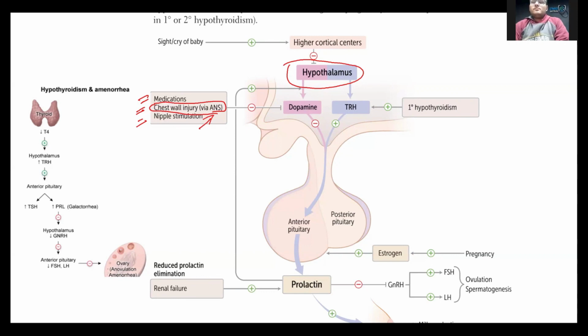The inhibitory control is diminished, so there will be no release of dopamine, and chest wall injury causes more release of prolactin. Some medications, the dopamine antagonists we discussed, also inhibit dopamine and increase prolactin.